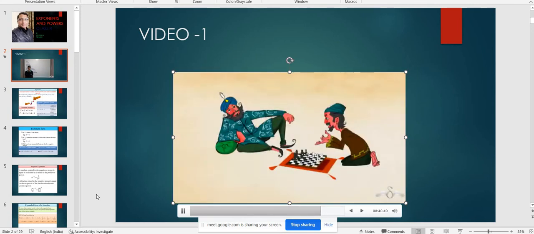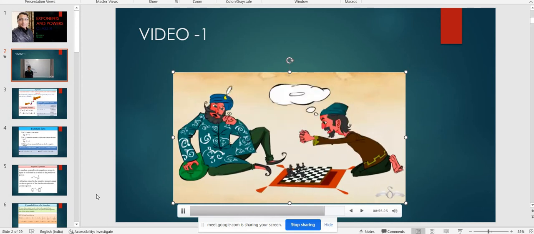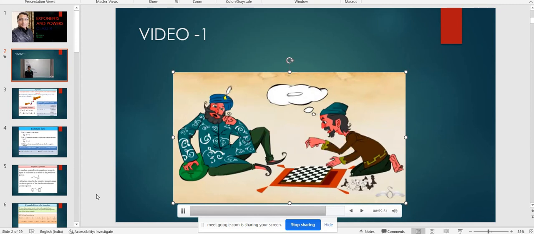When the inventor of the game showed it to an emperor in India, the emperor was very impressed by the new game. He told the man to ask him for some reward. What the man had asked was some grains of rice.